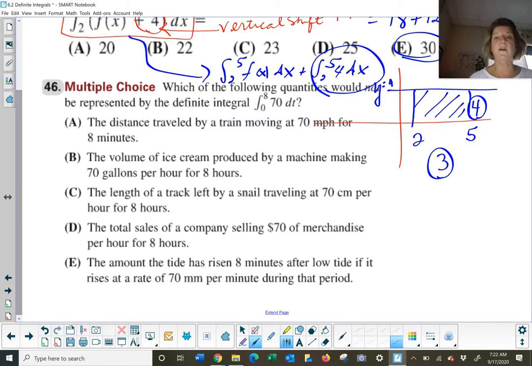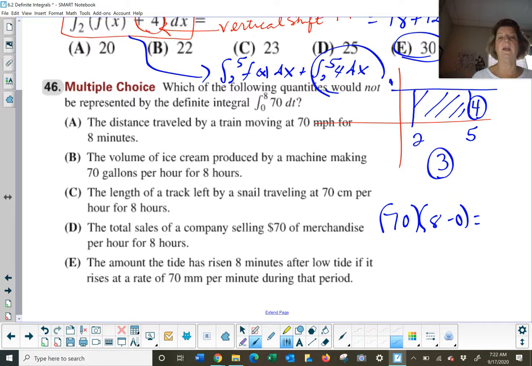Number 46, which of the following quantities would not be represented by the definite integral from 0 to 8 of 70? So we know that this is like 70 times 8 minus 0 for an area.